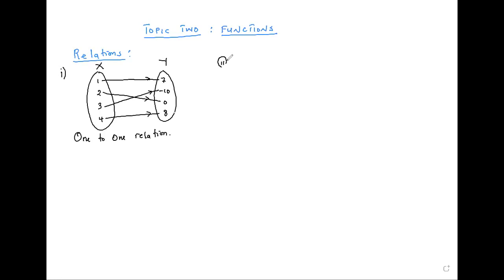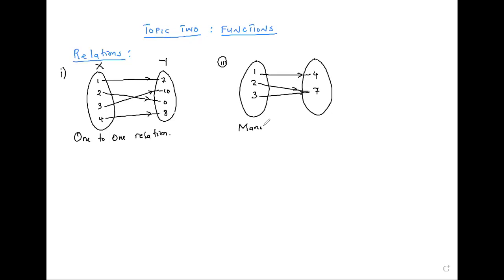Then the second one is, if I have 1 here, 2, 3, then I have 4, 7, then 3 goes here, 2 comes here, and 1 goes there. We'll say many to one relation.